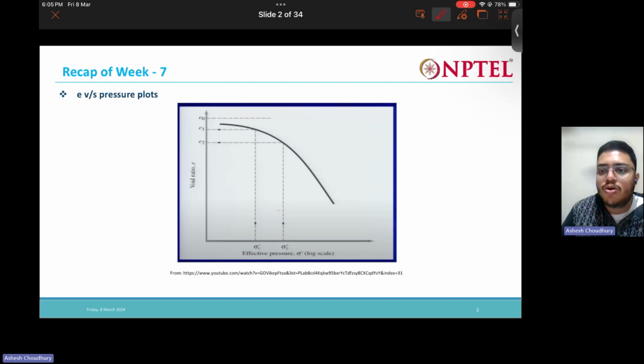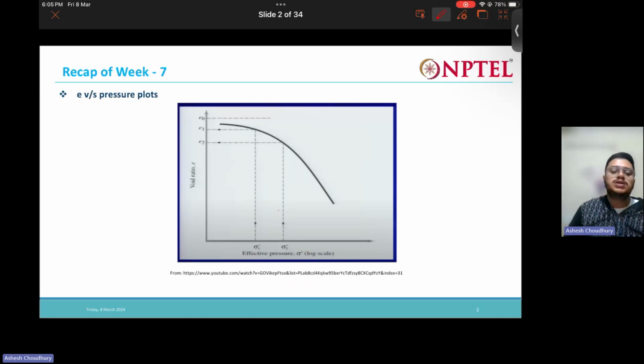So first, what we can see is this void ratio versus effective pressure plot. In the previous class we saw how, from the consolidation test using a consolidometer, you can get these void ratio versus effective pressure plots. We solved two problems where the data from the consolidation test, such as the dial gauge reading and the pressure, were given.